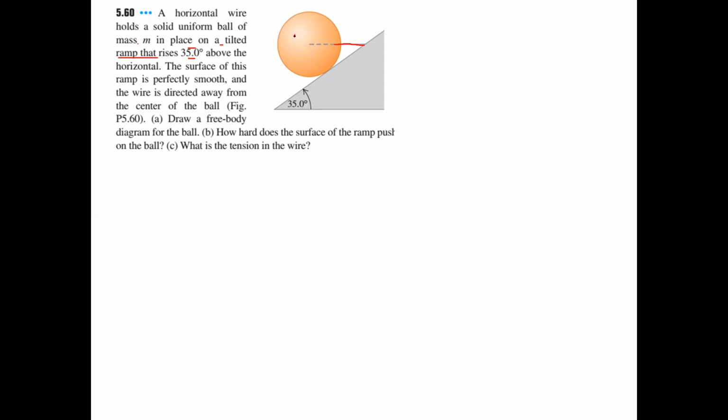And the mass of this object is given as m, okay? And the surface of this ramp is perfectly smooth, which means it's frictionless, okay? And the wire is directed away from the center of the ball. Here is the center of the ball.